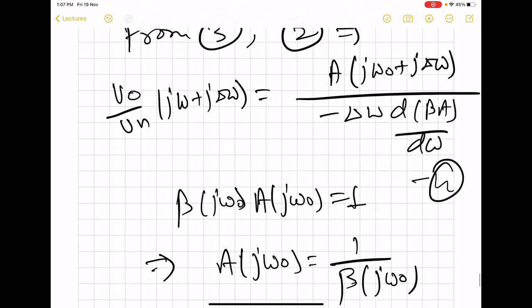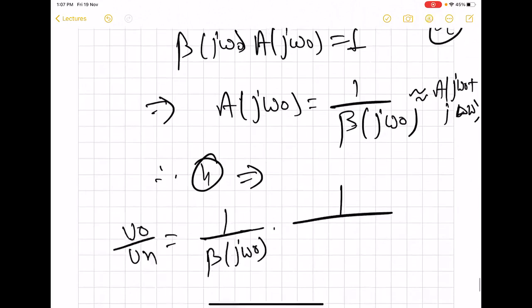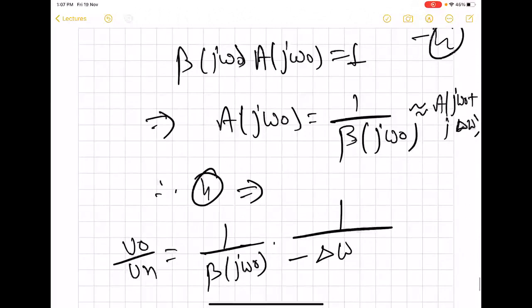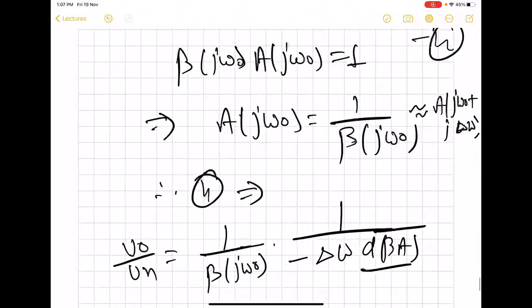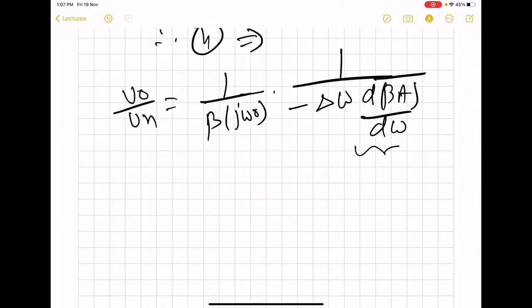So here this term is approximated to A j omega naught plus j delta omega. So we get this expression. So now we need to find out what this expression will be.